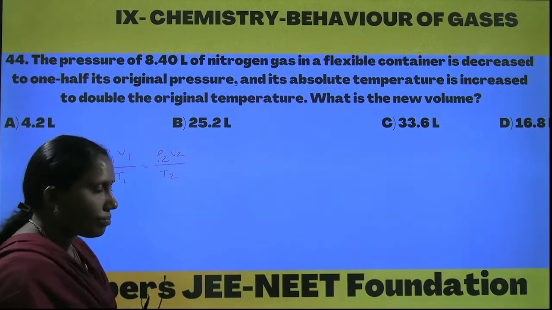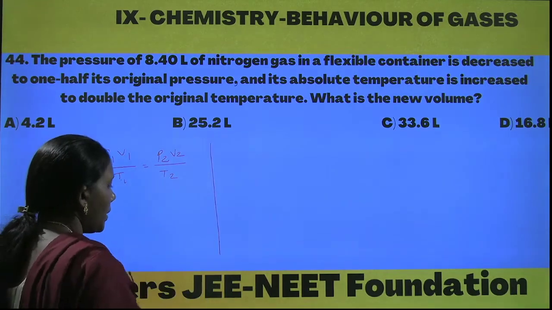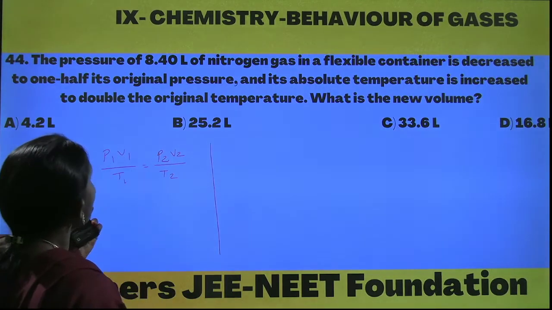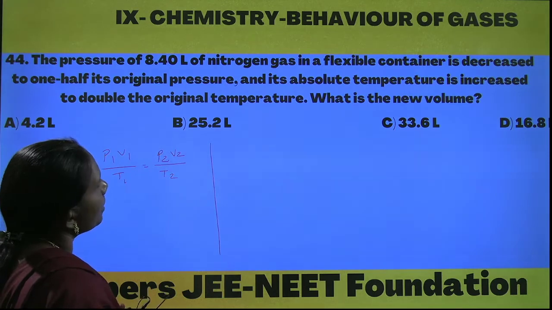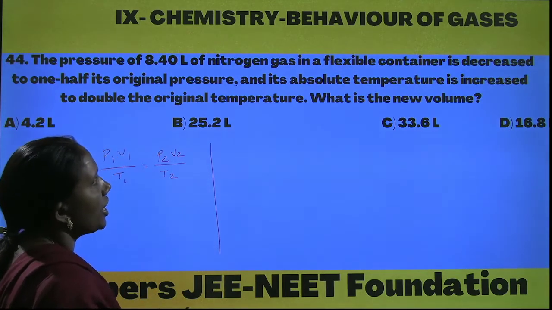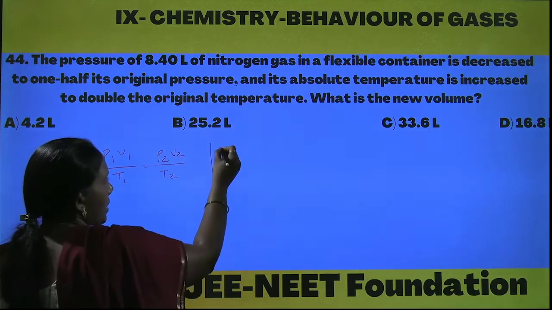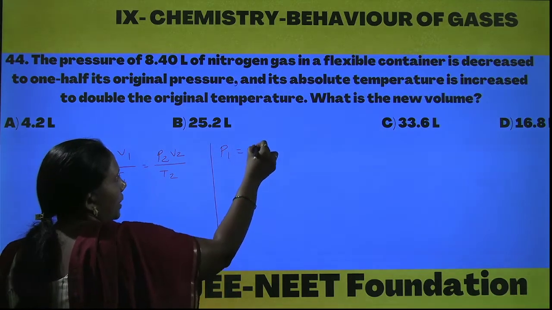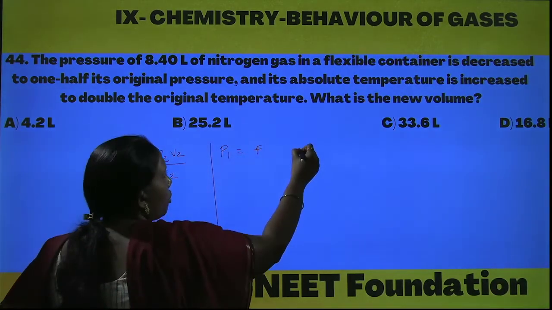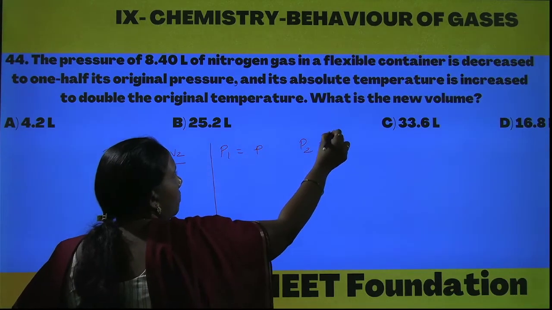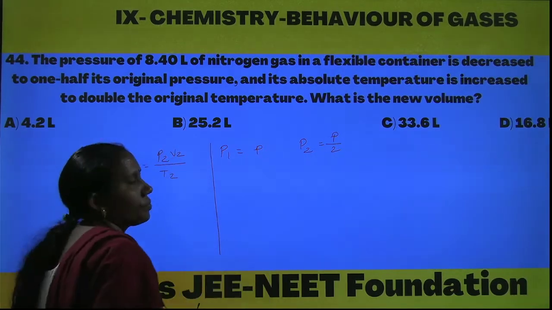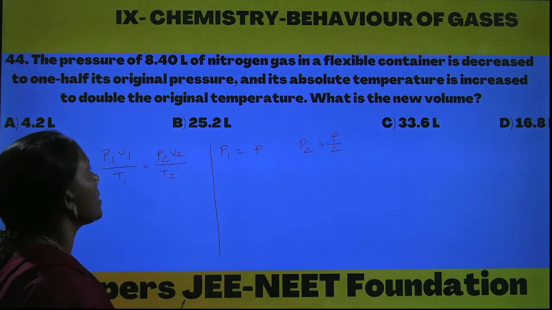Okay. Let's see the given data. The pressure of 8.40 liters of nitrogen gas in a flexible container is decreased to half of its original pressure. Suppose P1 equal to P, then P2 becomes P by 2, half of its original pressure.